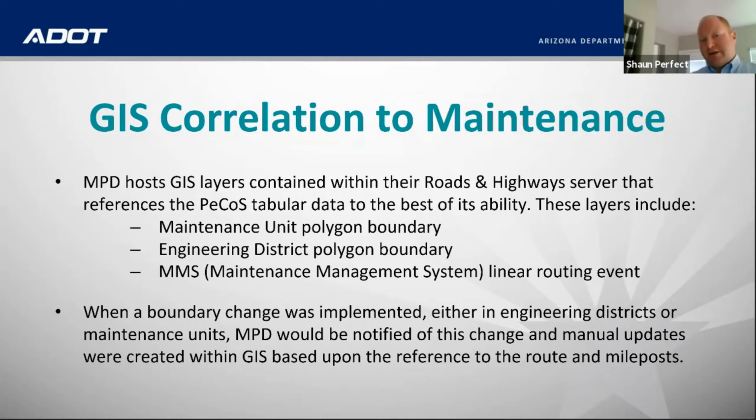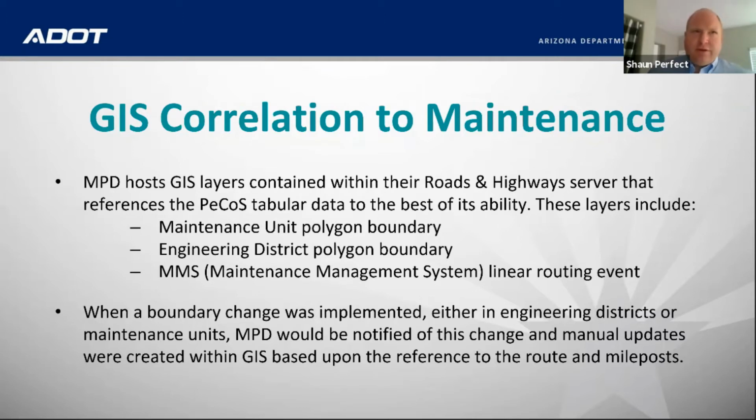The MMS, Maintenance Management System, is a linear routing event based totally upon the PeCoS tabular data. It fits right onto our roadway network, also called AGIC, and it allows us to overlay all the different events within roads and highways onto this linear routing event with maintenance.